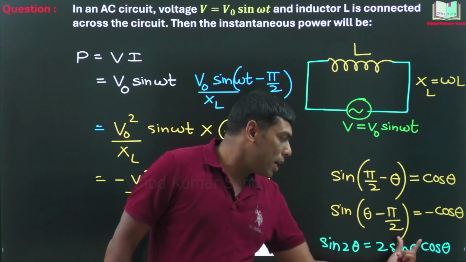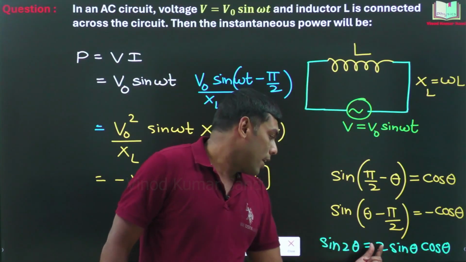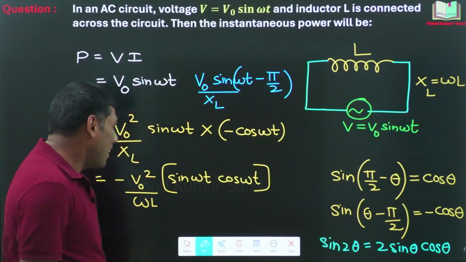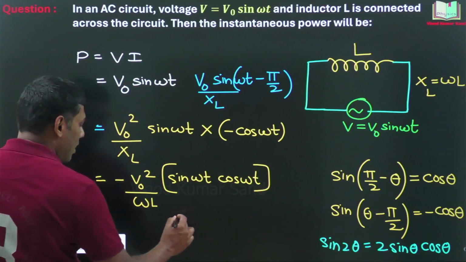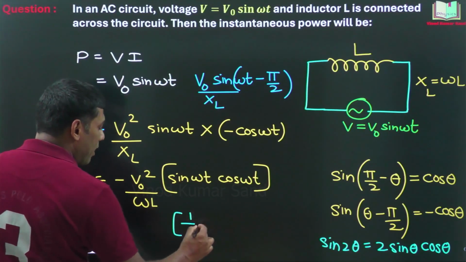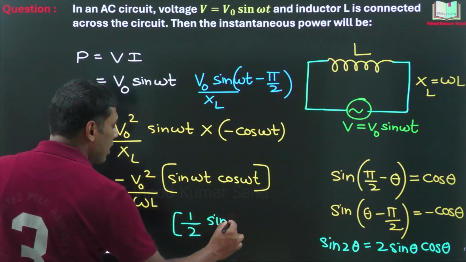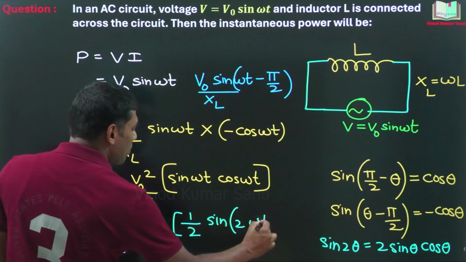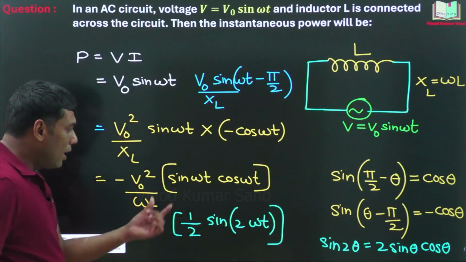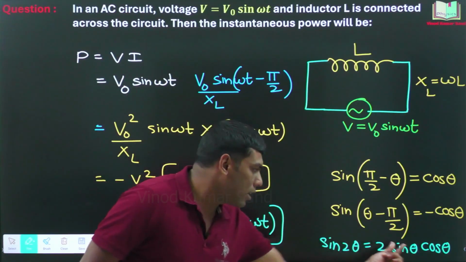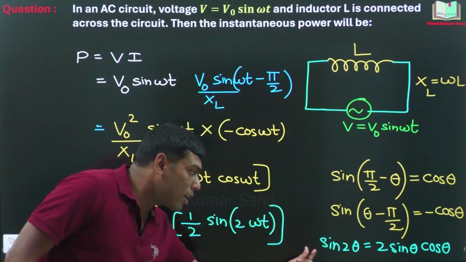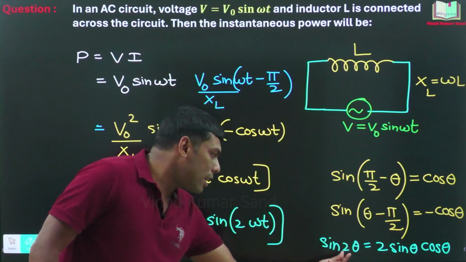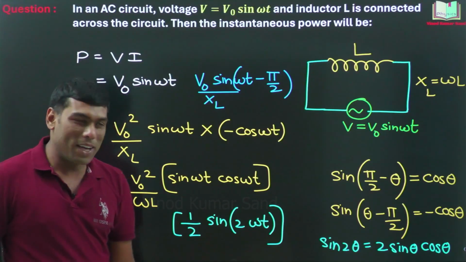So sine omega t cos omega t, and bring this 2 here, means what we can write is, at the place of this bracket I can write half sine 2 omega t. This 2 we brought here. So half sine 2 omega t.